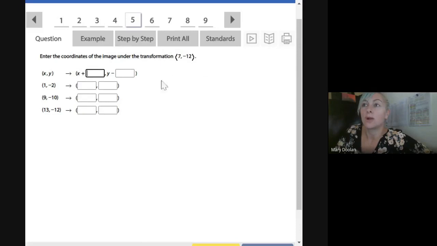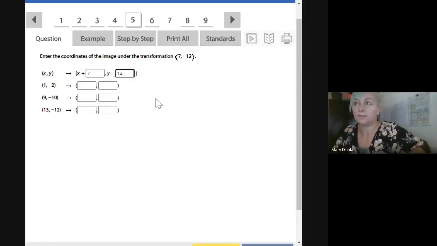Okay, and so we're writing the coordinate rule. We're taking the vector notation and going to a coordinate rule. So coordinate rules are what you'll probably be more likely to be tested on versus the vector notation. But the way I transform it, because this is +7, I'm adding 7. And because this is -12, I'm subtracting 12.